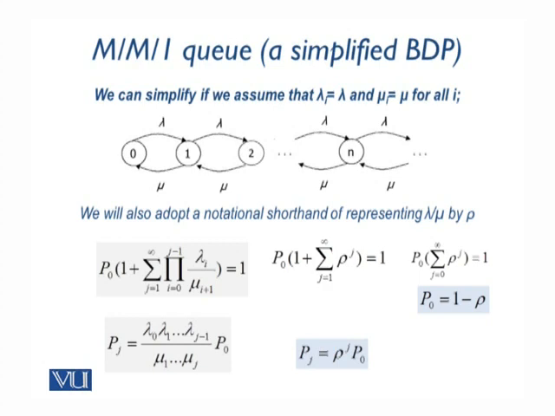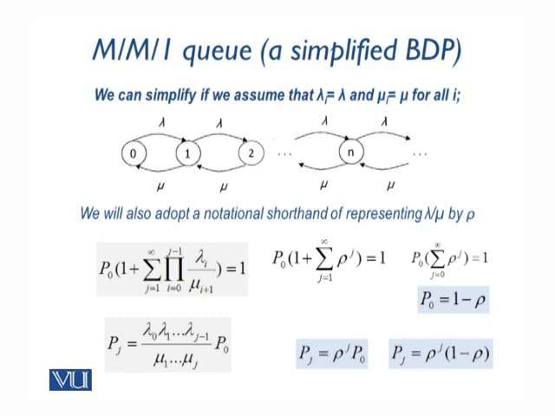P naught can be easily determined using the formula that we just derived, and in summary, the probability of being in state j, Pj, is equal to rho raised to j multiplied by 1 minus rho. So this essentially captures the entire probability distribution of the MM1 queue.